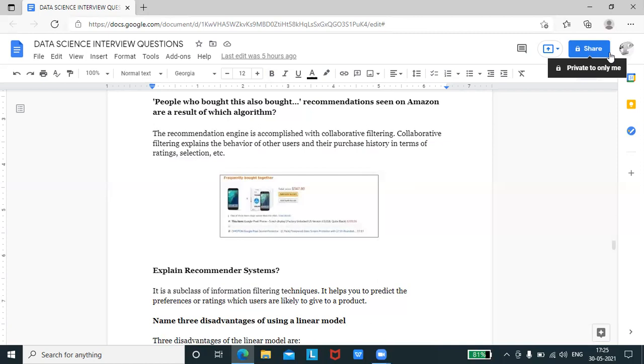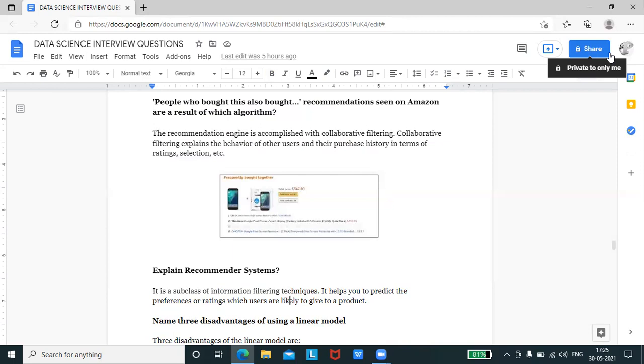Based on the user's historical data, the likes and dislikes of each item, the system tries to predict how the user would rate a new item which they have not rated yet. So this was about collaborative.